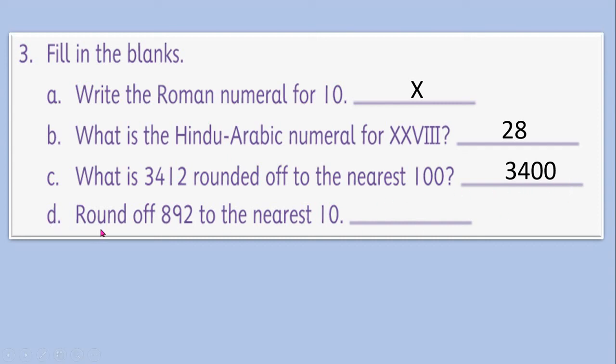Coming to D, round off 892 to the nearest 10. If you round off this to nearest 10, it will be 890, since 2 is less than 5.